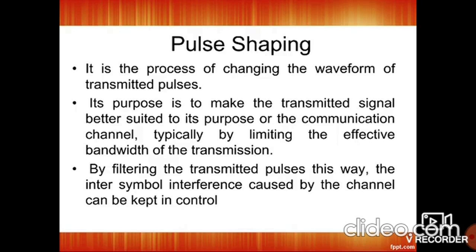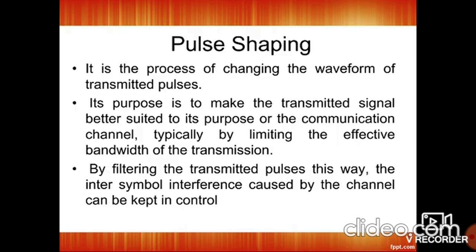The successive binary bits can be combined into symbols. While transmitting, whenever noise affects this signal, the shape of the transmitted signal varies, so pulse shaping is important. It is the process of changing the waveform of the transmitted pulse.